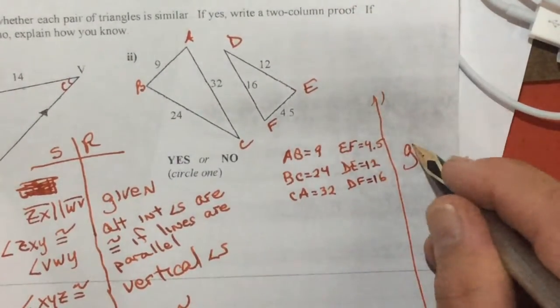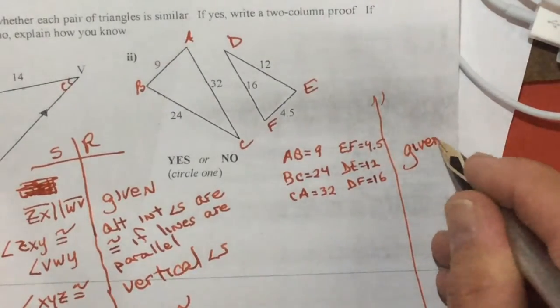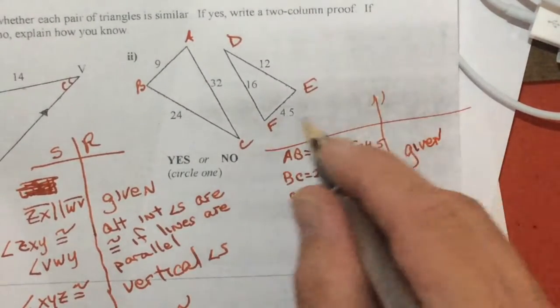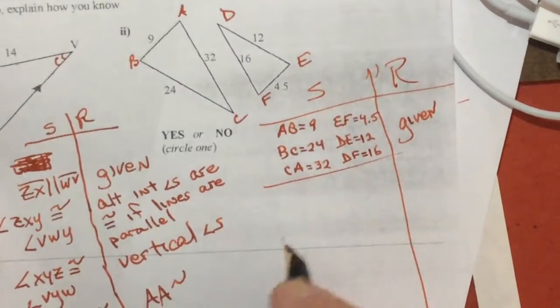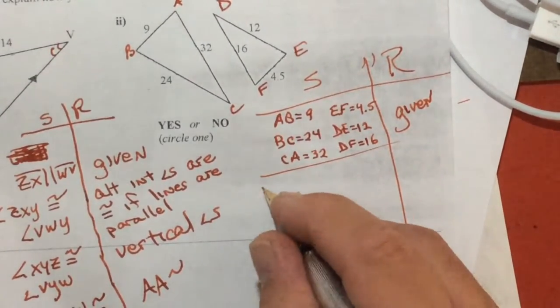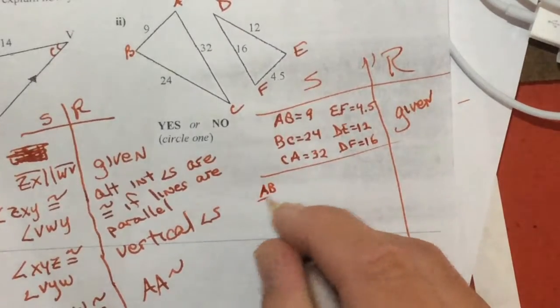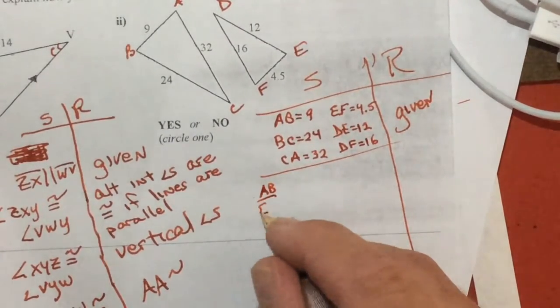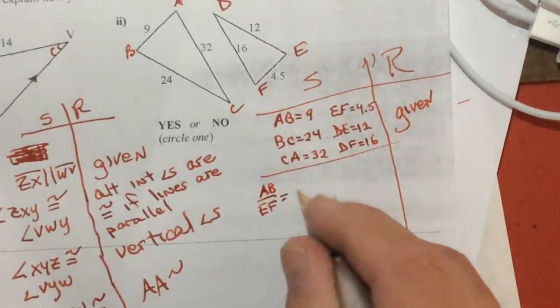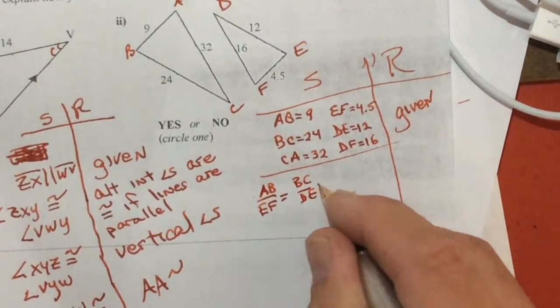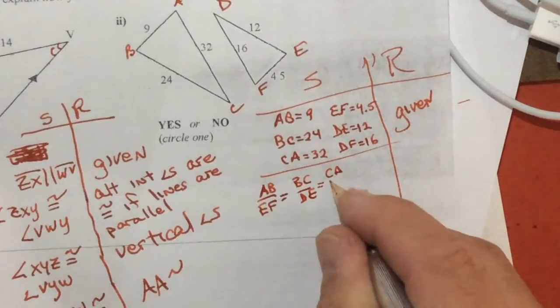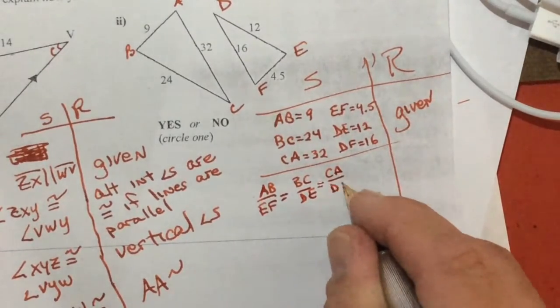That way it's very easy to see where the proportions should be. There's a statement, there's reason. And basically, I'm going to say that AB over EF is equal to BC over DE, which is equal to CA over DF.